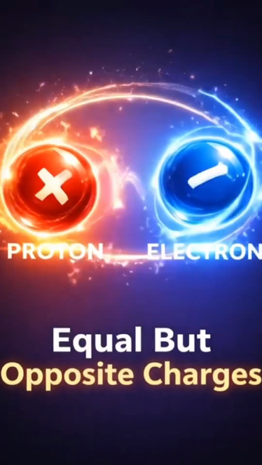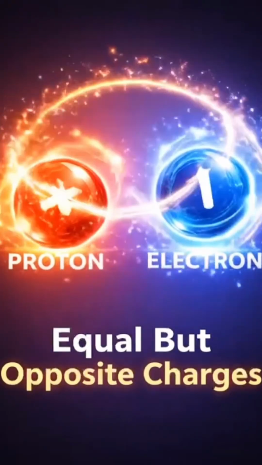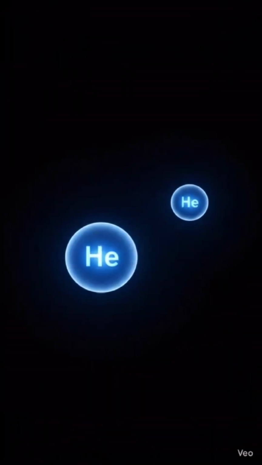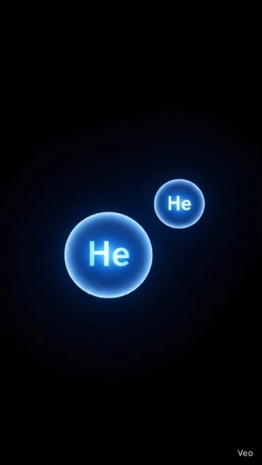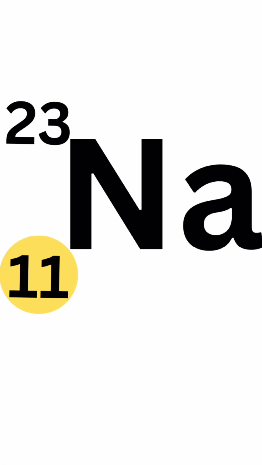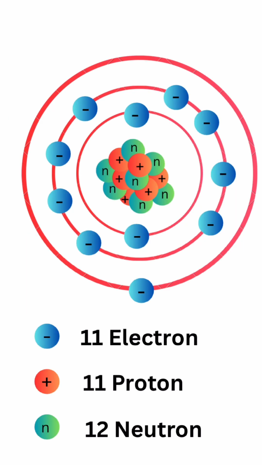Because protons are positively charged and electrons are negatively charged, these charges cancel out. This means atoms have no overall electrical charge. For example, sodium has an atomic number of 11. This means every sodium atom has 11 protons and 11 electrons.